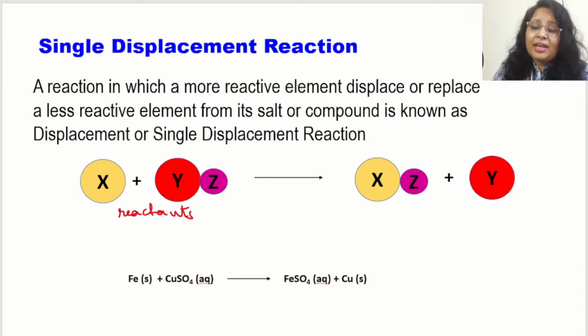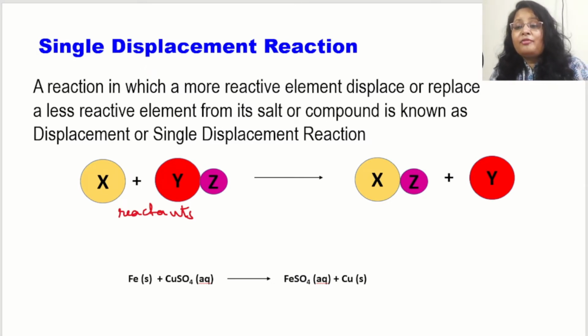Where we can say X is more reactive than the metal Y. If we take an example of metals, X metal is more reactive than the Y metal. What will happen? X will replace the Y from its salt YZ and takes its place.